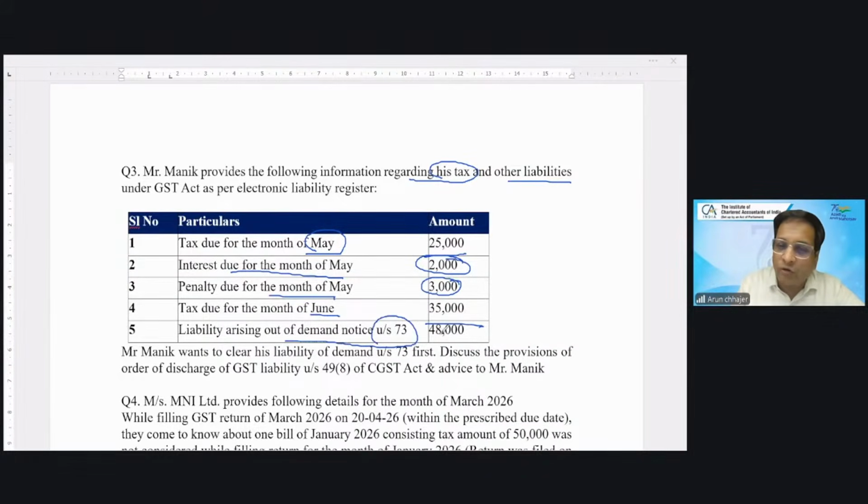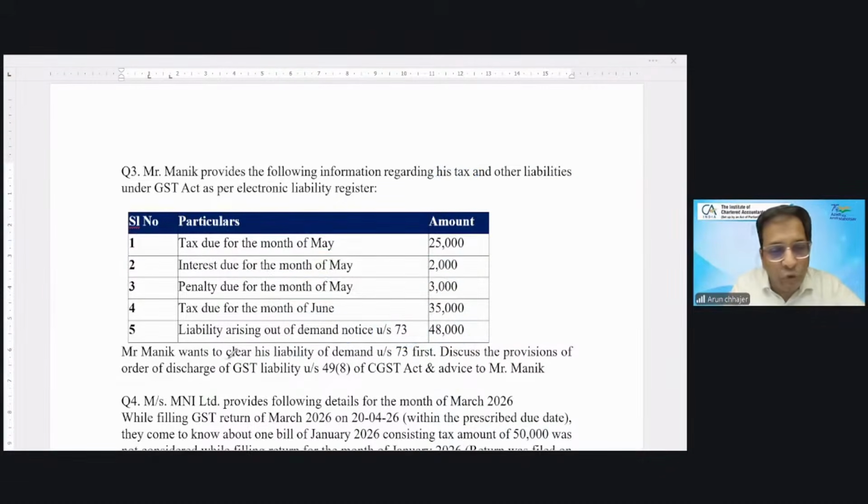Liability arising out of the demand is 48,000. He wants to clear his liability. First, he would like to pay the demand under section 73. Discuss the provisions on the sequence or order for discharging the GST liability as per section 49 subsection 8. Purely theoretical question.